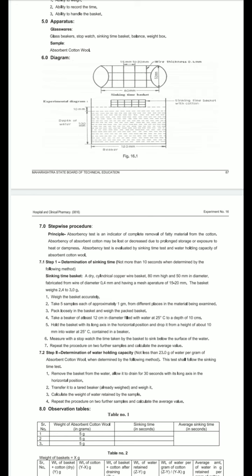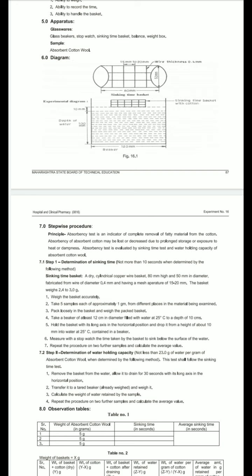Hold the basket with its long axis in the horizontal position and drop it from a height of about 10 mm into the water. Measure with a stopwatch the time taken by the basket to sink below the surface of the water. Repeat the procedure on 2 further samples and calculate the average value.